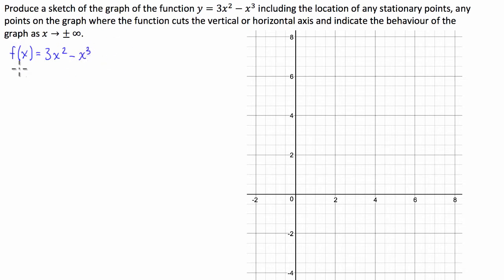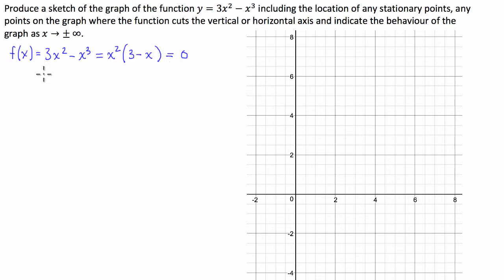Cool. Now what I'm going to first do is factorize this. So this is going to be equal to x squared outside of 3 minus x. And we're going to use our null factor law because at the x-intercepts the function has to equal 0. So we can see here that either x squared is going to be equal to 0 or 3 minus x is going to be equal to 0.